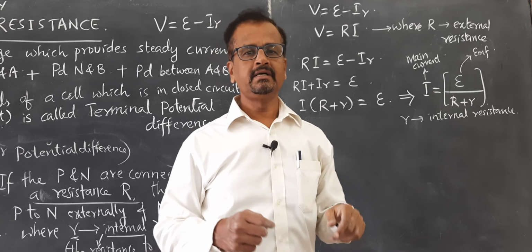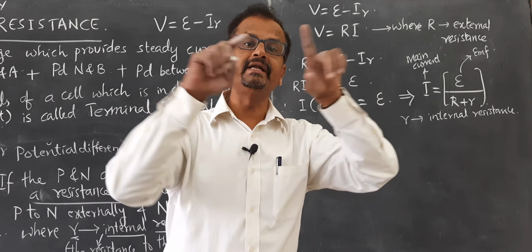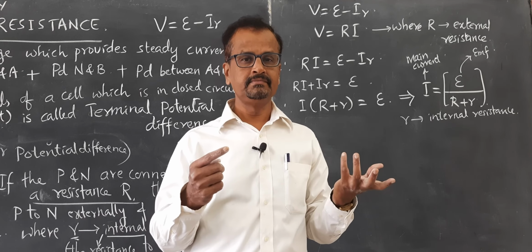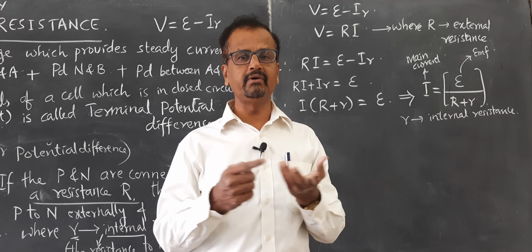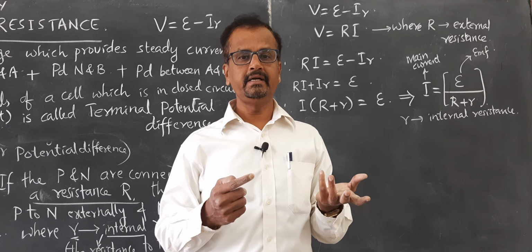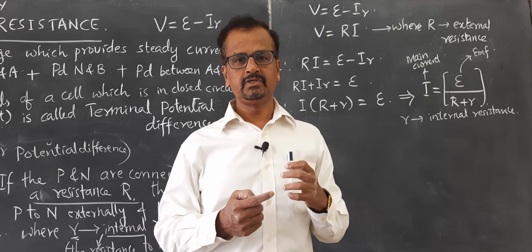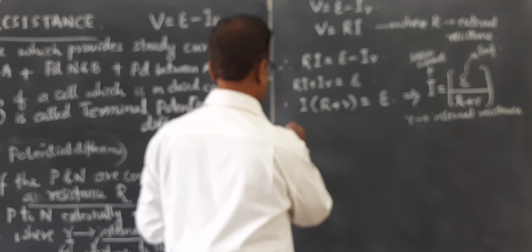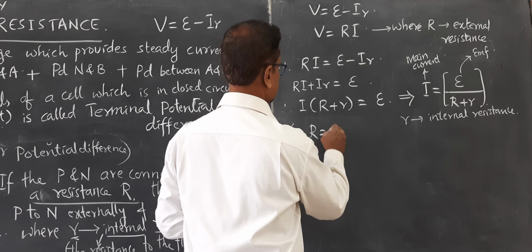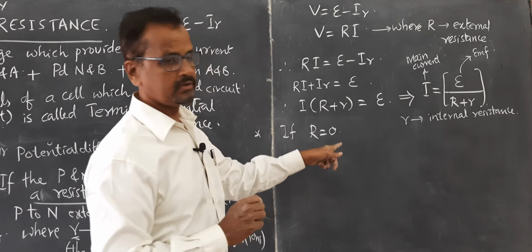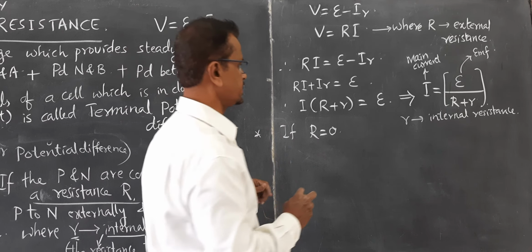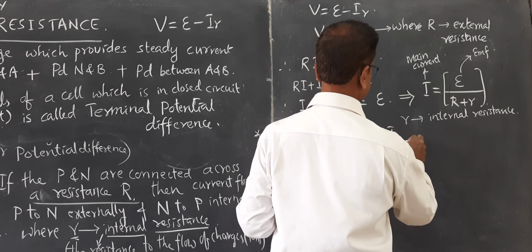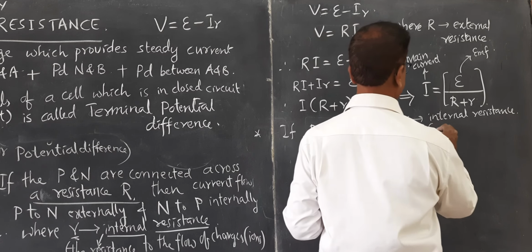If the terminals of the cell are connected without any external resistance, the current will be maximum, and it is called short circuit current. If R is equal to 0, maximum current is equal to E by r.